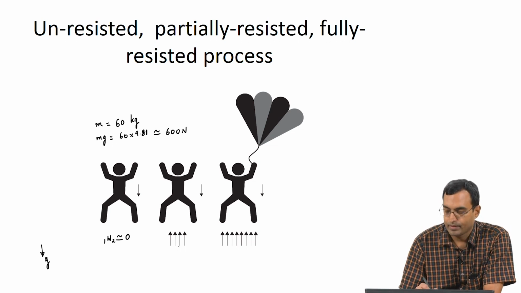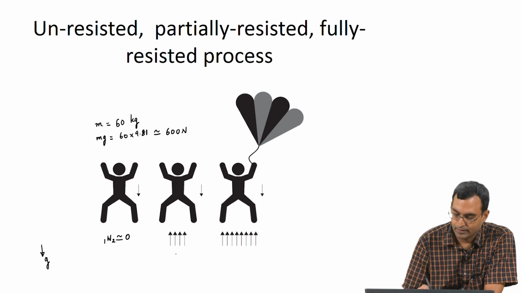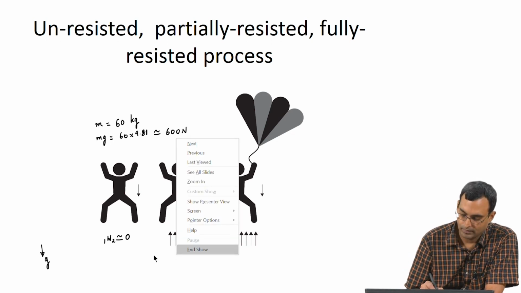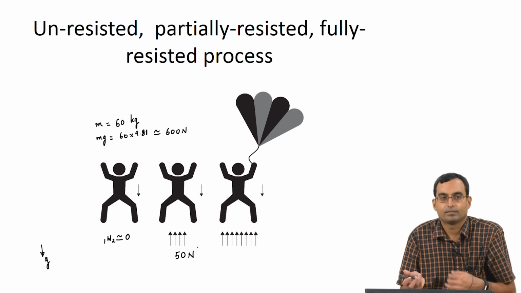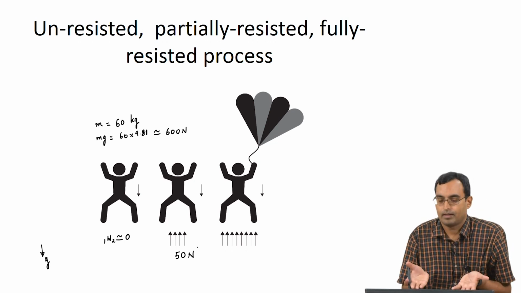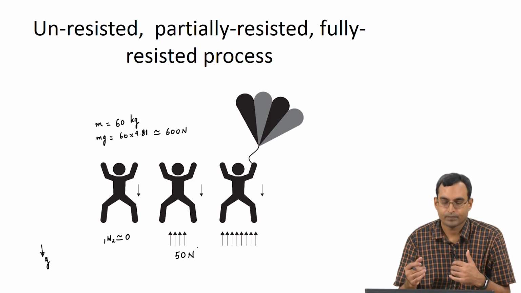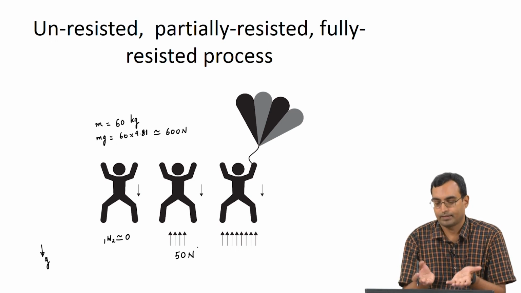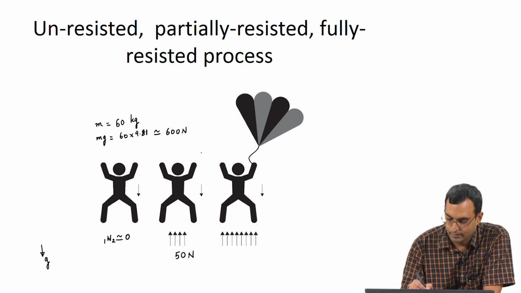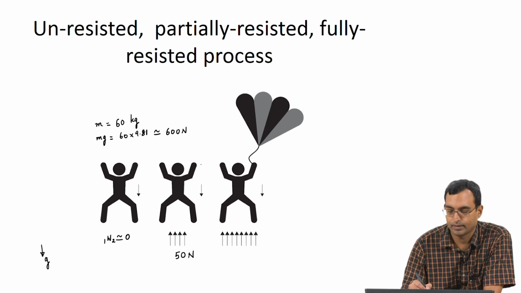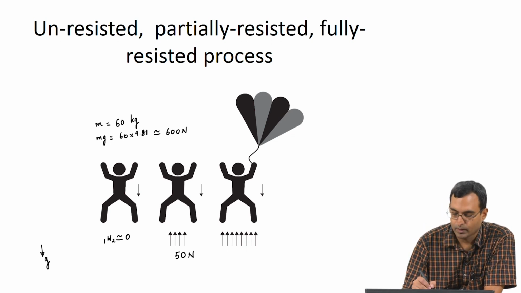Now, let us say the air offers some resistance to falling. I do not know any value, let us say 50 newtons. That is the force which is resisting the person falling because of area and viscosity of air. If there was a resistance of 50 newtons and the downward force pulling the person down is 600 newtons, then any work done is only because of the difference in the forces.